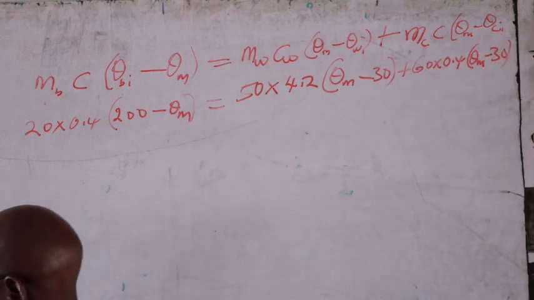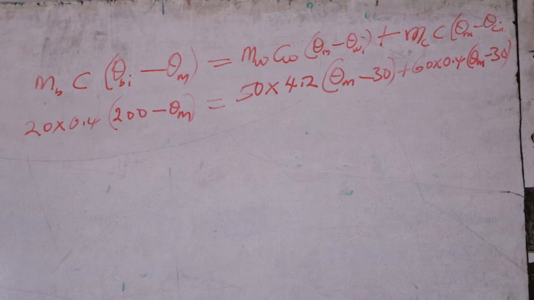That's what you do. That's substitution. Every other thing is simple arithmetic. So you try to make theta M the subject of formula and simplify it.